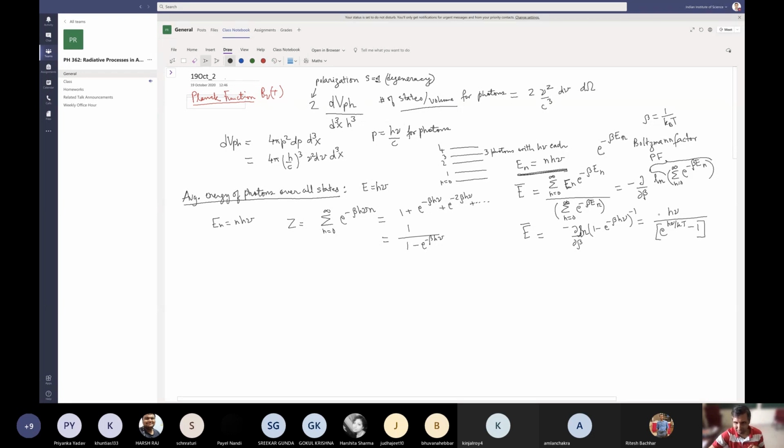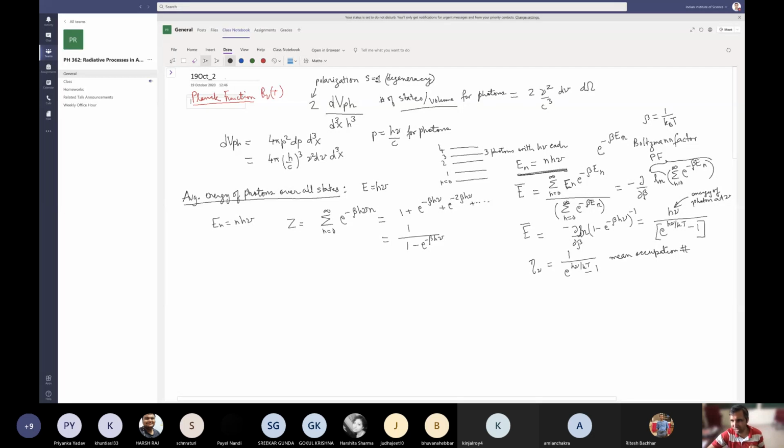Now, this has a nice interpretation, right? So this is the mean energy summed over all states for photons. This is the energy of a particular photon, the energy of a photon at frequency nu, and this eta nu, which is equal to 1 by e to the h nu by kT minus 1, is called the mean occupation number of photons, right?